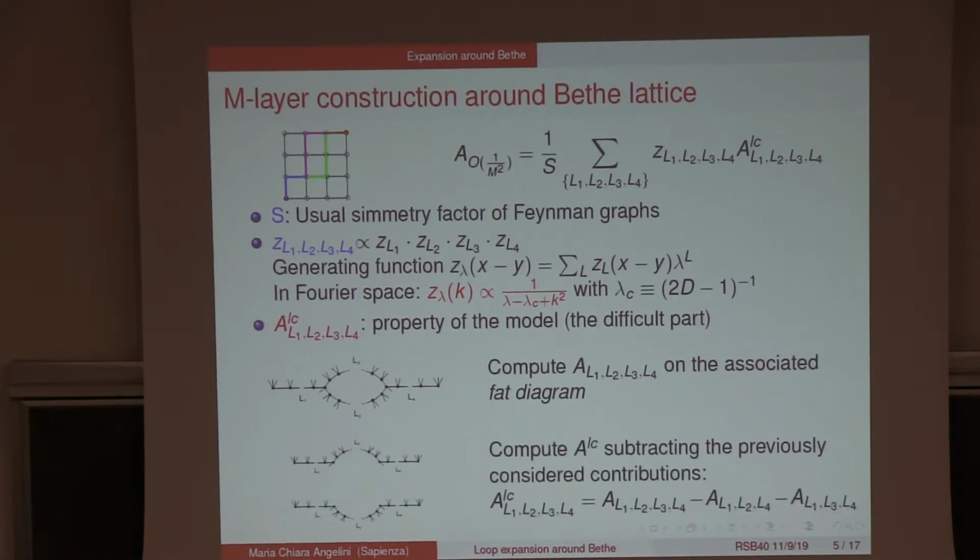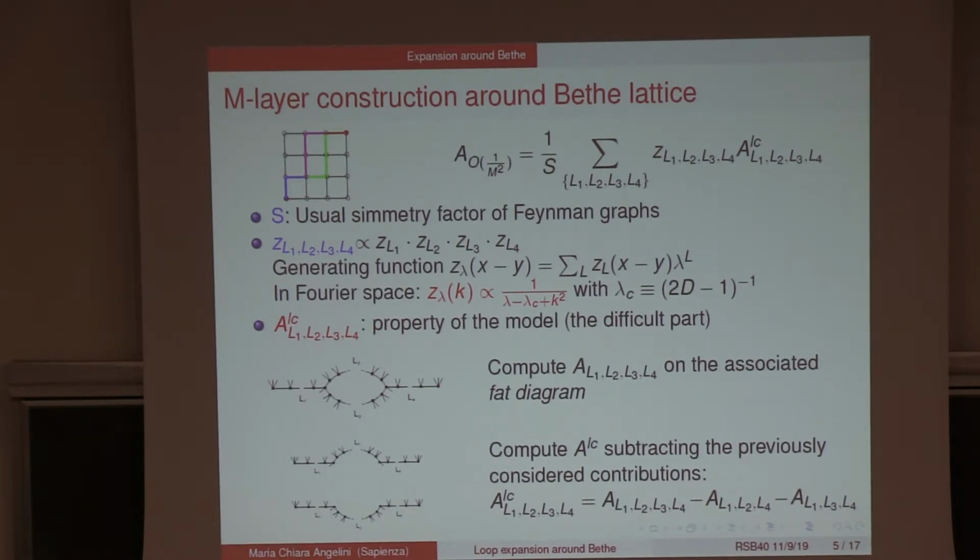And then, to compute the line-connected observable, you should subtract the observable computed on the two branches of the loop considered as independent. Why should you compute this? You should subtract these two parts because these were the ones computed at the order 1 over m.